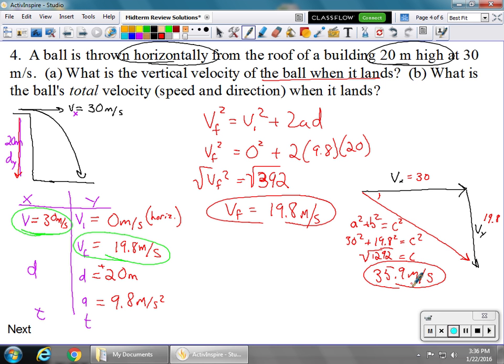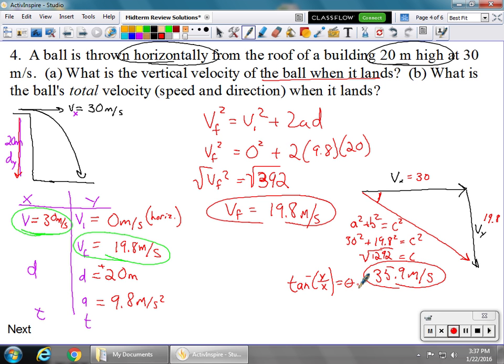The last part is to find the angle. Remember, to find this angle, when we know the two legs of a triangle, we're going to use tangent, and that means inverse tangent. Inverse tangent of your y over your x is going to give you your angle.